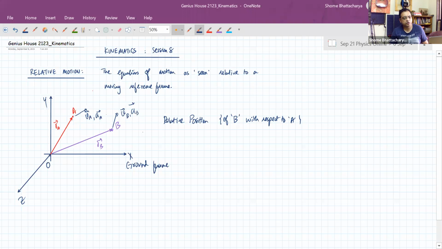With respect to the ground frame or the origin, the position of a particle is just the vector joining the origin with that particle. So now the thing is that when we're talking about position of B with respect to A, it's like we are shifting our origin from O to A, because our reference frame is now fixed to A. So it's like we're talking about what is the position of B, but not seen from the origin, but seen from A. So in that sense, it becomes something very simple.